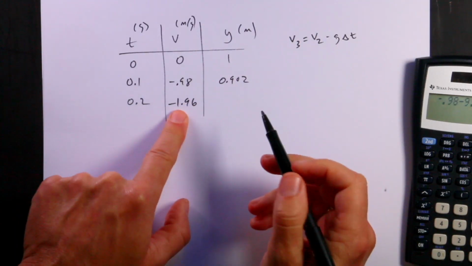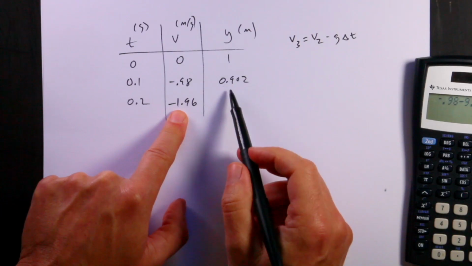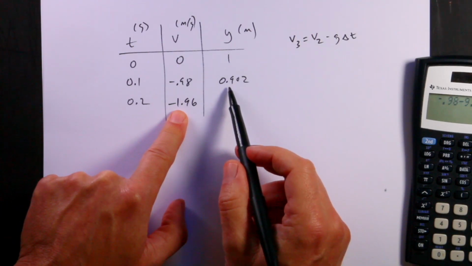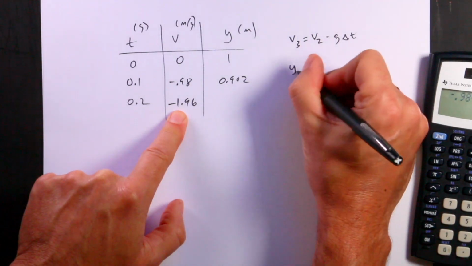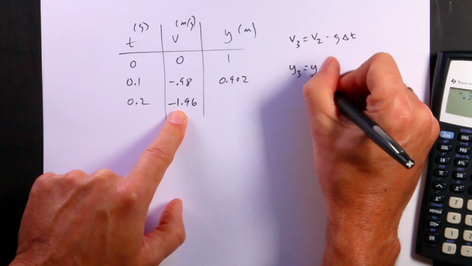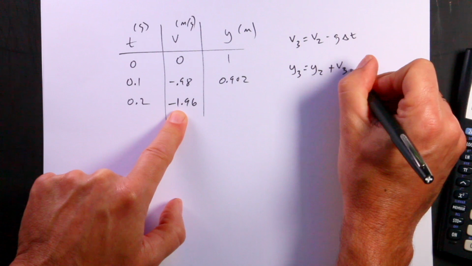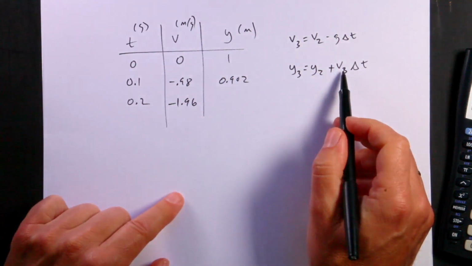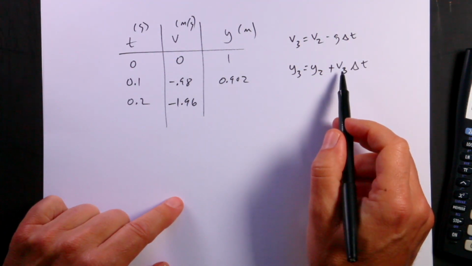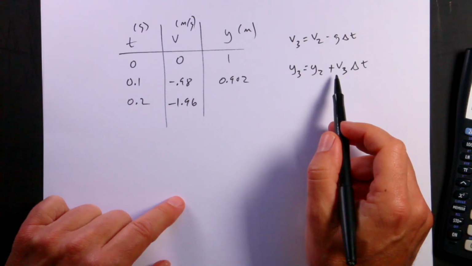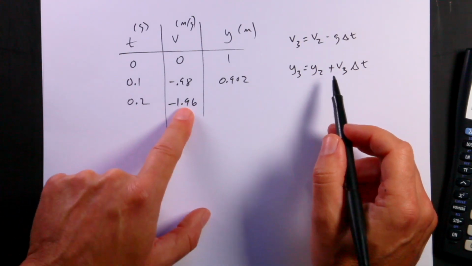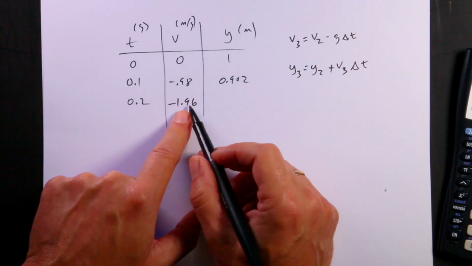Now I'm going to use this velocity with my position up here to find my next position. So I can say y3 equals y2 plus v3 delta t. So I'm not going to use the average velocity. I'm going to use the final velocity. That's cheating. Okay, but let's just see how it works out. So now I'm going to use this velocity.